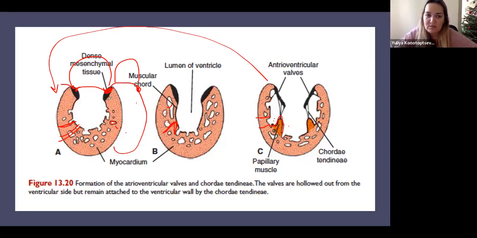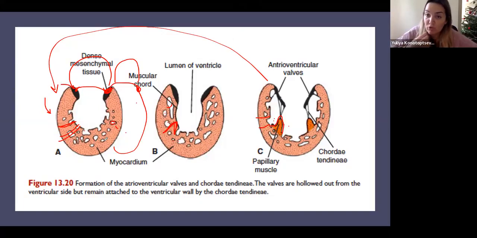So I'll do it again, right? We started with normal primitive ventricles. Their wall is extra thick. We do not want that because it creates high blood pressure. So as a result, apoptosis begins. That's where the white color is, right? So that's the apoptosis of some of the cardiac muscle. We're trying to remove it.